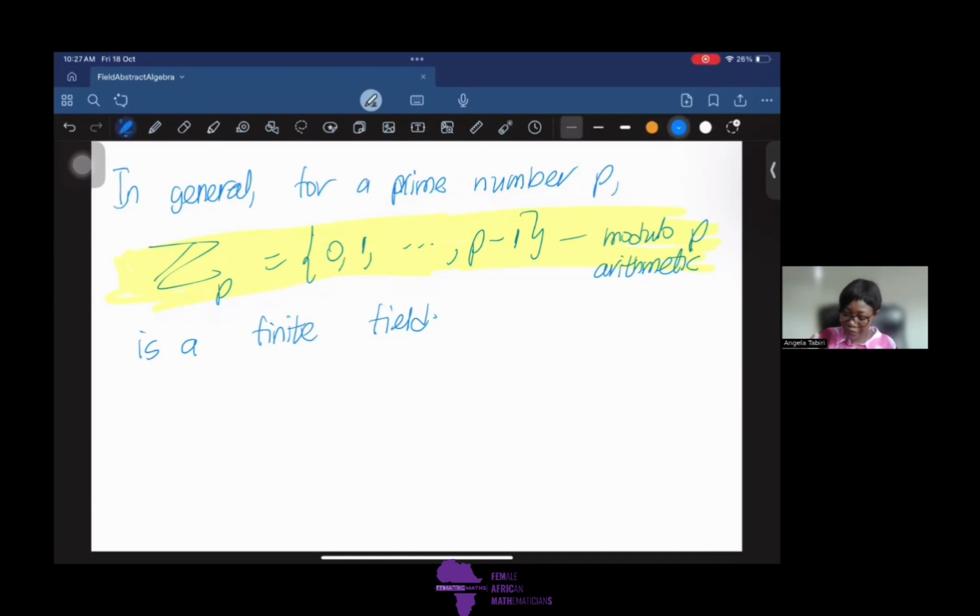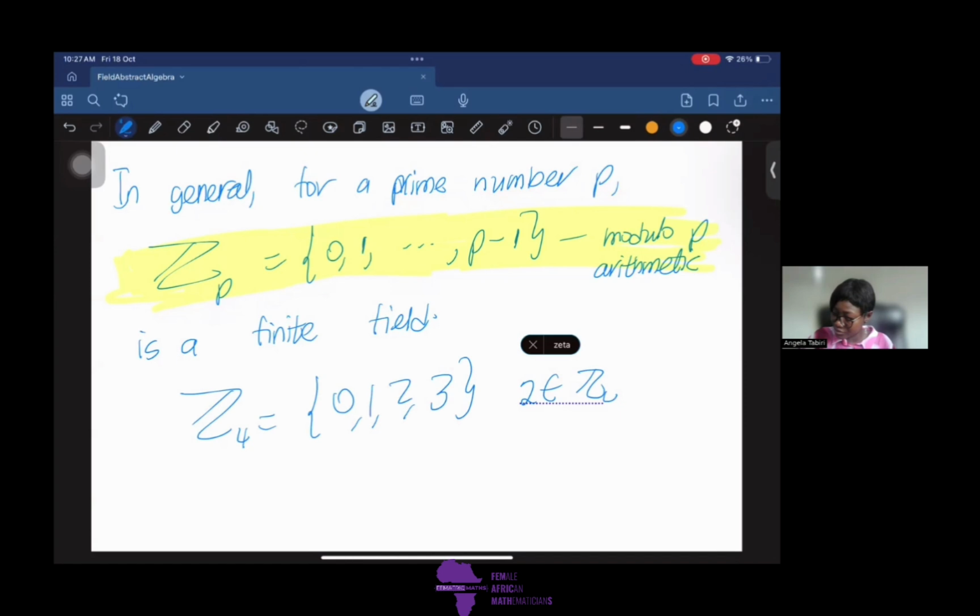So for instance, if we consider Z_4, which is the set 0, 1, 2, and 3, then 2 belongs to the set, but there's no element in the set that if you multiply by 2, you get 1. Also, 2 times 2 in this set is 4, but in modulo 4, when you divide 4 by 4, the remainder is 0.